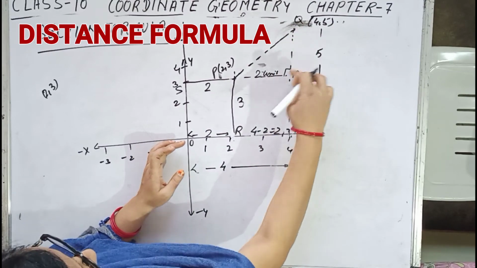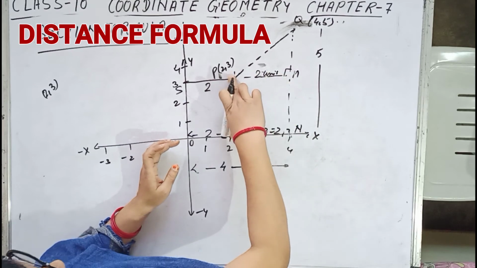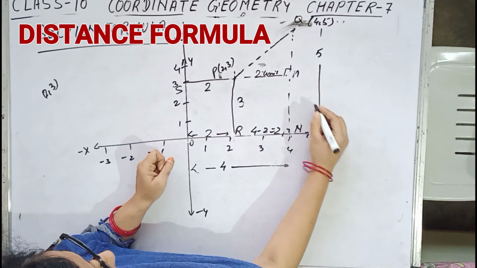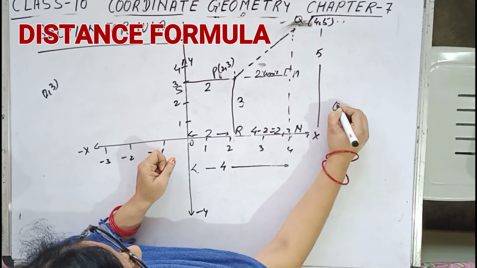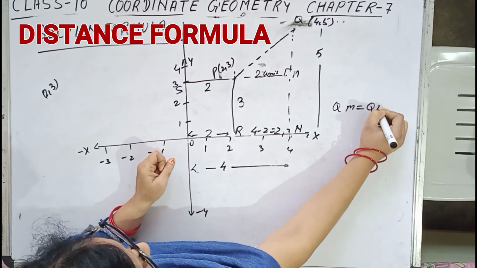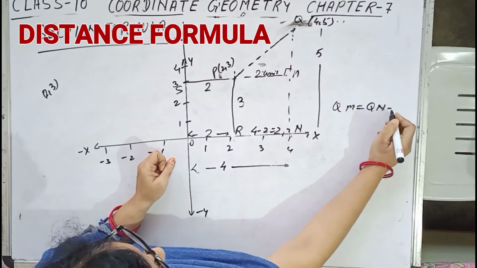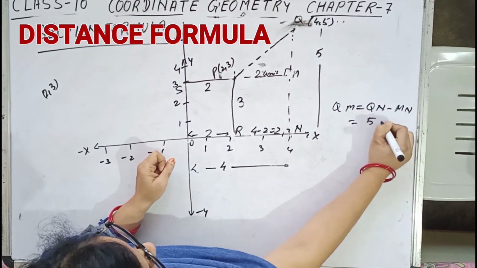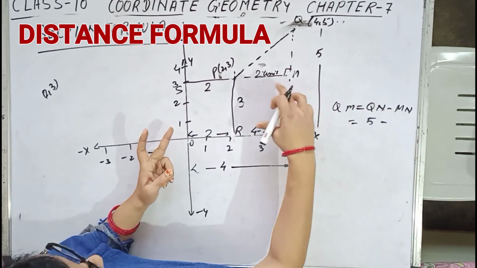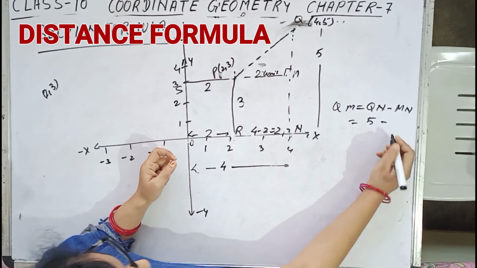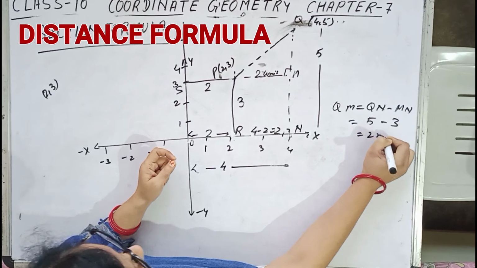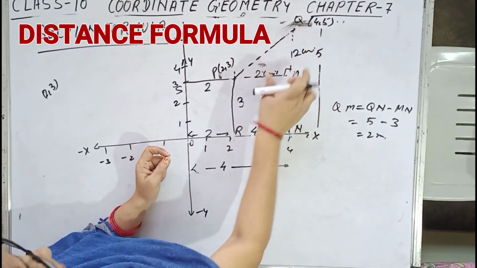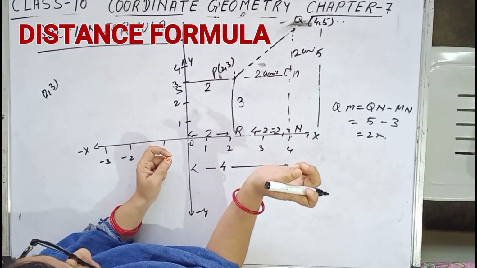QN equals 5 and MN equals PR, which is 3. So QM equals 5 minus 3, which is 2 units. So QM is 2 units and PM is also 2 units.